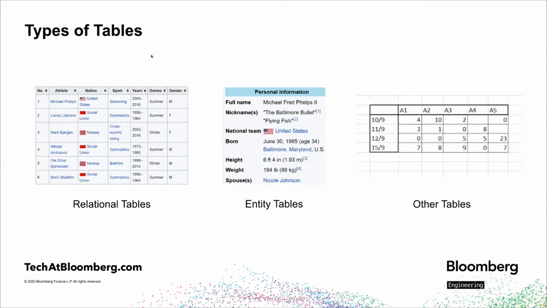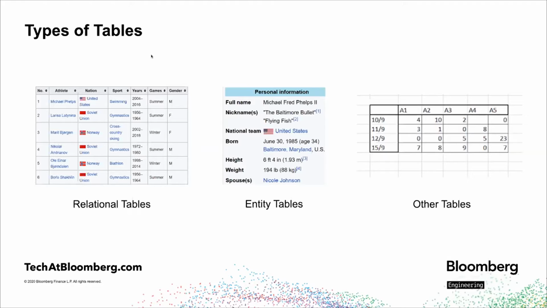An entity table is very similar to an infobox. It's about one single entity. We still take Michael Phelps as an example. Here is a screenshot from Wikipedia about his personal information. So you can imagine an entity table displays the different properties of a single entity. Of course, there are many other types of tables, such as numerical tables, or what we call matrix tables.